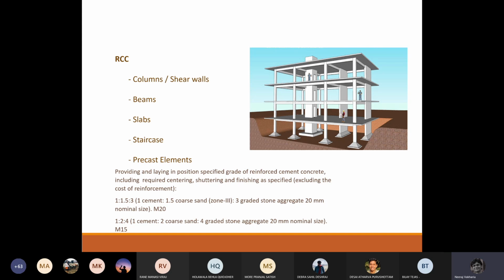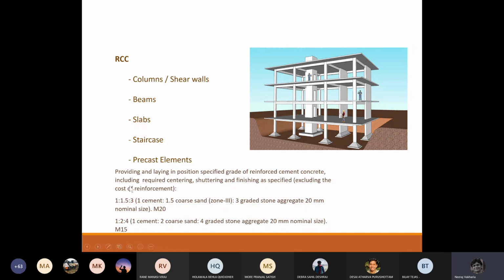Column will require some kind of a different framework, some kind of different formwork or shuttering. Okay, so generally we keep it separate. We don't include it in this, but for this exercise we can. Okay, but generally that is also separate. The cost for those also we calculate it separately. For slabs separately, for beams separately, everything like that.